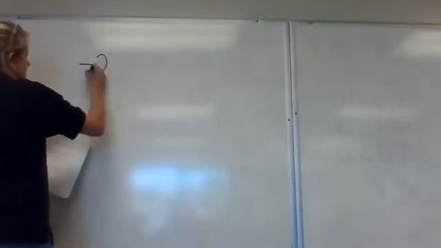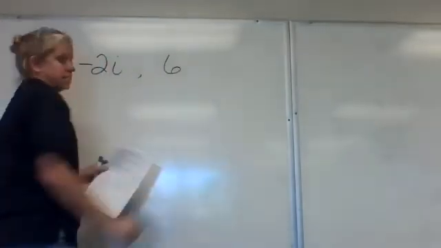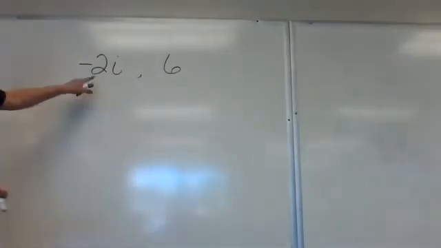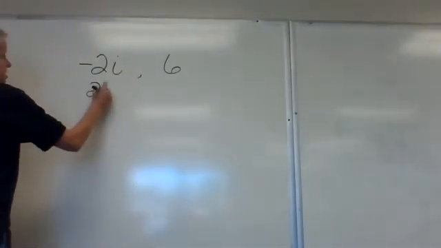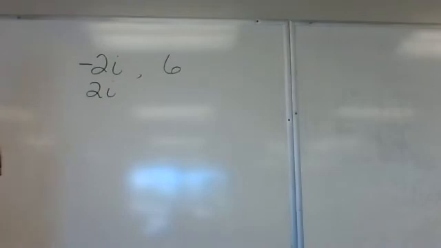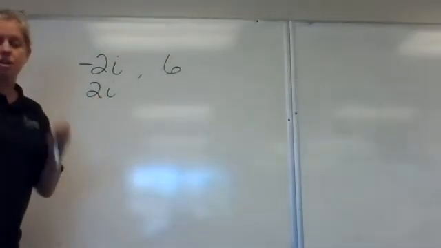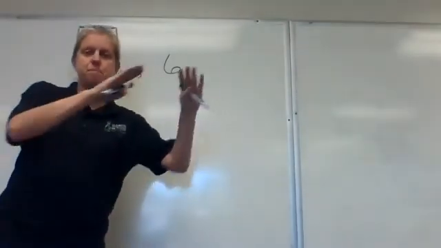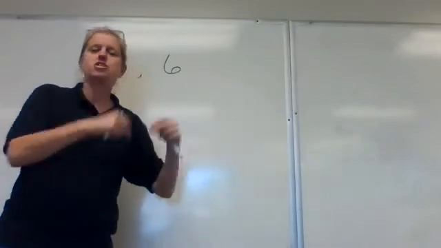It says, find the function of lowest degree that has the given numbers as some of its zeros, -2i and 6. So the first thing I notice is that I have an i, which means that the other sign of it is also a 0. So I have 3 known zeros that I'm going to use to set up my factors and do the foiling.